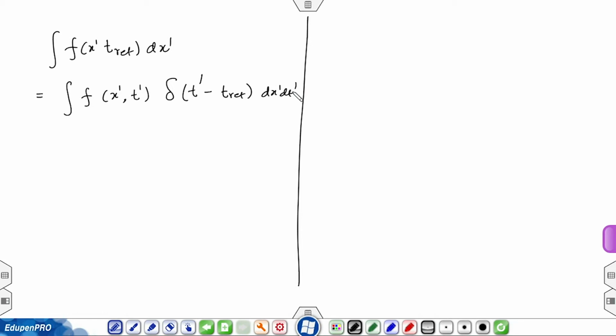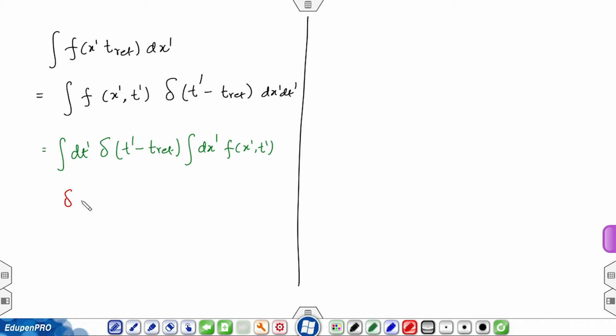I am making it a little more complicated, but you will see the advantage. I am going to switch the time integrals and x' integrals and write this as the integral dt' delta(t' minus t retarded) times the integral dx' f(x', t'). That is my apparent length.